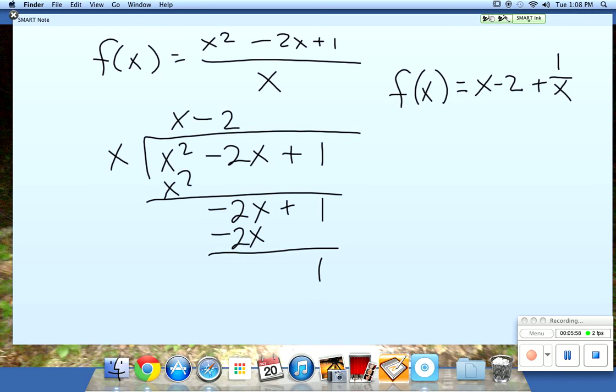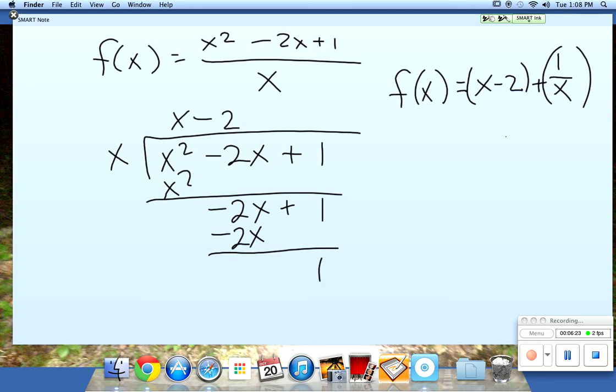X minus 2, 1 over x. They have it as 1 over x. If you graph this, you'd actually be graphing this. But here's where your asymptote's going to be. We can't work with this part of it, correct?